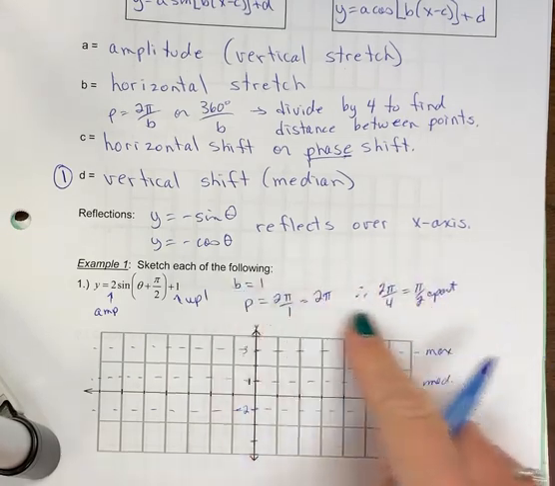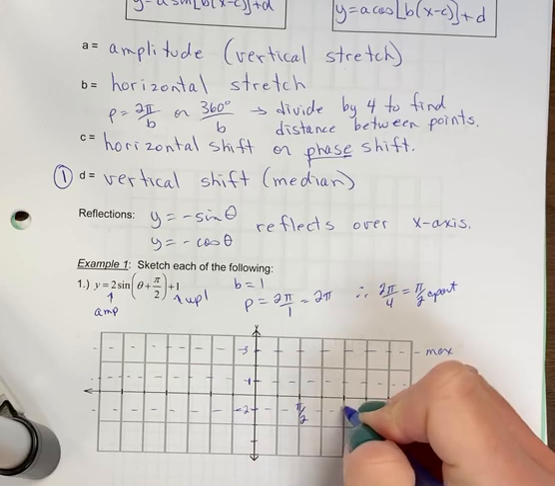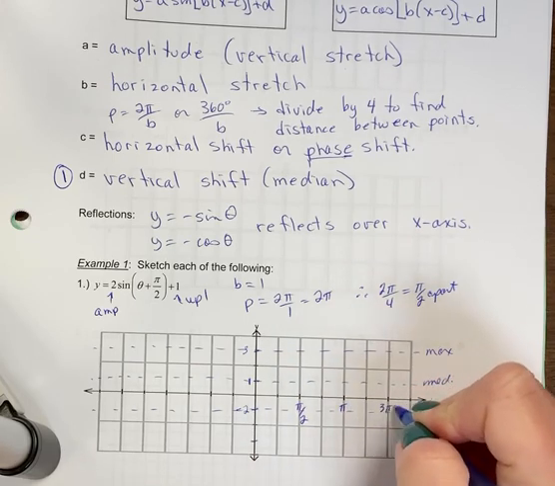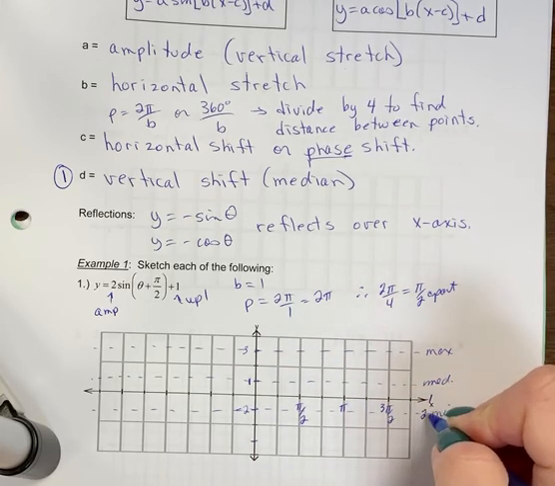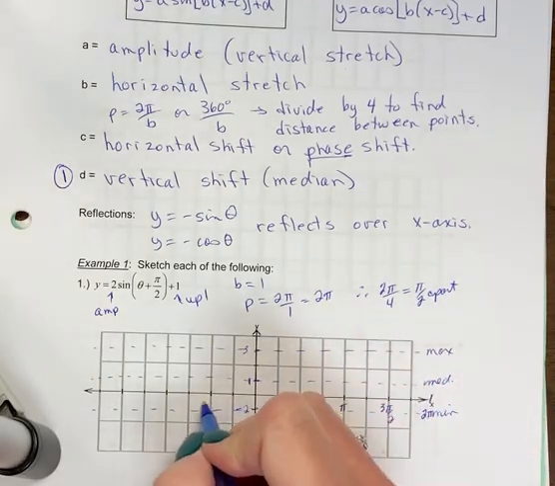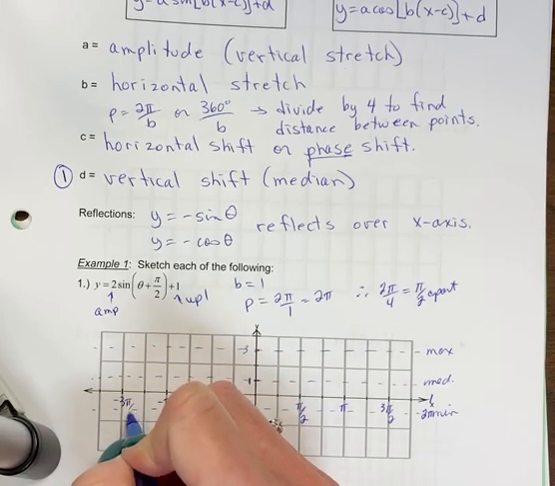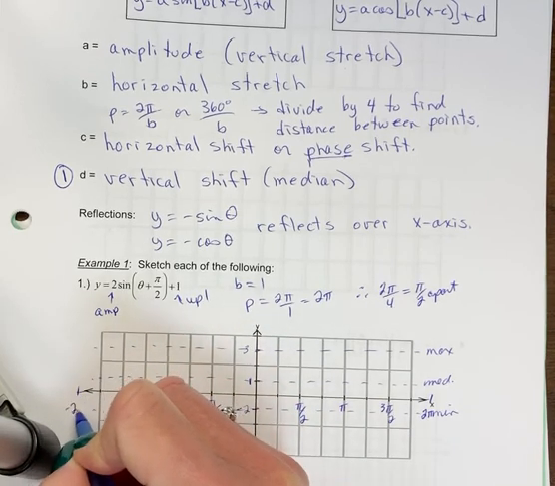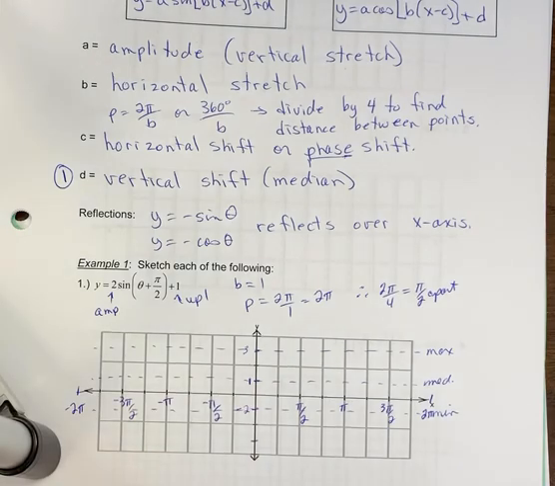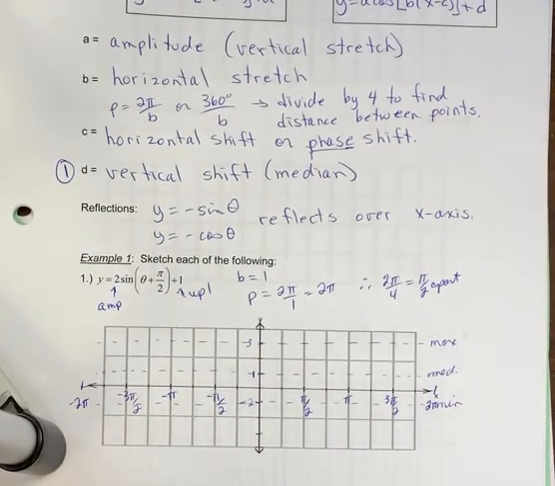So you maybe didn't need to think that through as much, but since we've kind of tied all of this information together, I wanted to write that out for you as well. So I'm putting in my scale, counting every 2 squares is pi by 2. I'm going to do the same over here. And there we go.